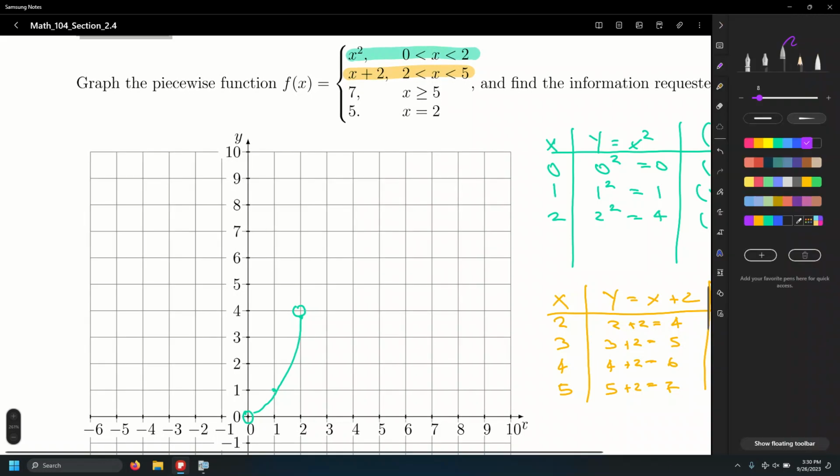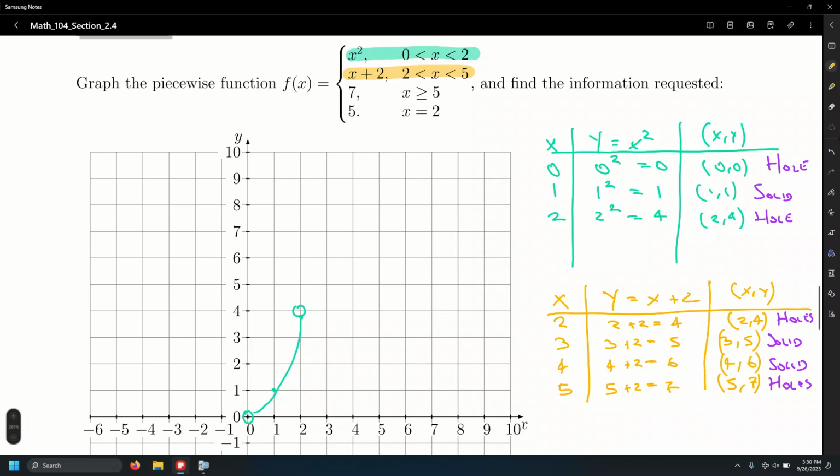All right, let's plot these ordered pairs. So that'll be, okay, with yellow, (2, 4) open circle, (3, 5) solid, (4, 6) solid, (5, 7) open circle. All right, so that's the second part.